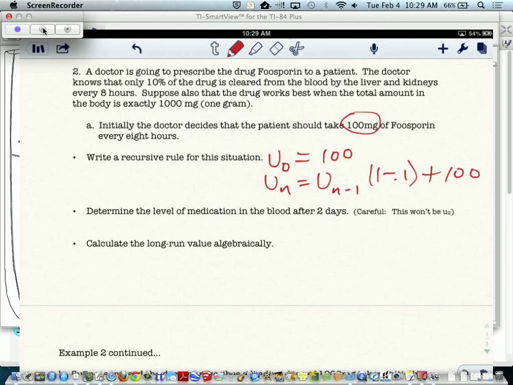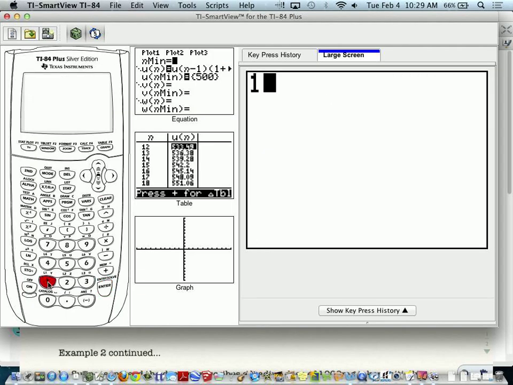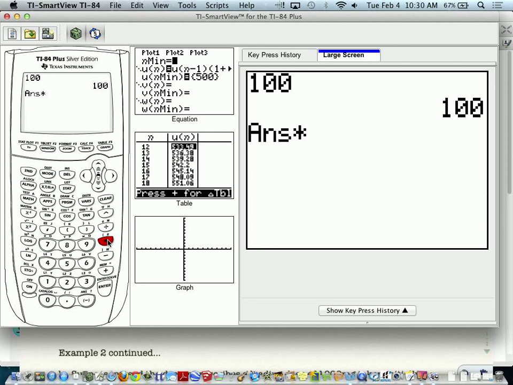So again, if you would put this on your calculator, we're going to start with 100. So hit enter on that. Then we're going to multiply. Again, I'm going to stick with the 1 minus 0.1 plus the 100 milligram dosage.